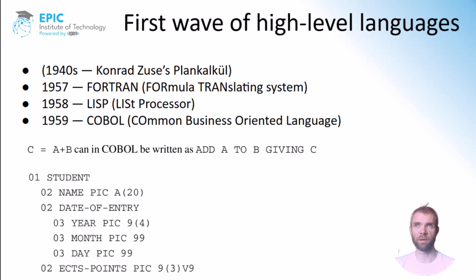So not just by engineers who were accustomed to using even machine code, but also by just people who understood plain English. And so in COBOL, for instance, instead of writing that C is equal to A plus B, you could write: add A to B giving C. So you can write a program using plain English.